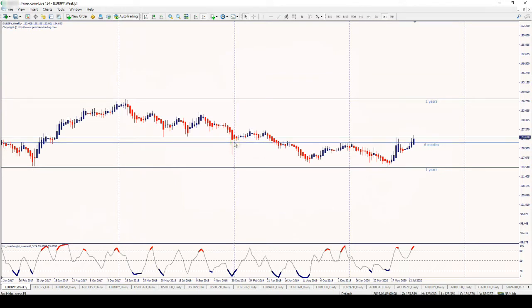Price retraced a little bit, came back, went through the level, came down, retraced, and then touched this level right here. So it came from this major level of 2 years to this level right here of 1 year. And if you look at it right here, you can draw a complete trend line showing the way that price traded.